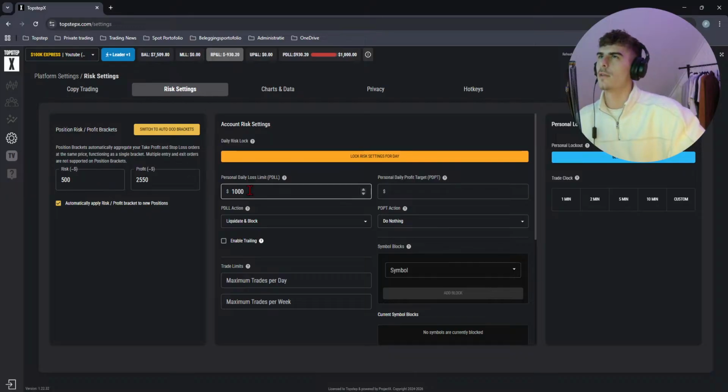Let's have 1k for the day, right? That's my target. We need a 350 stop loss. Oh, 900, 1200, so 1250 should do it, right?